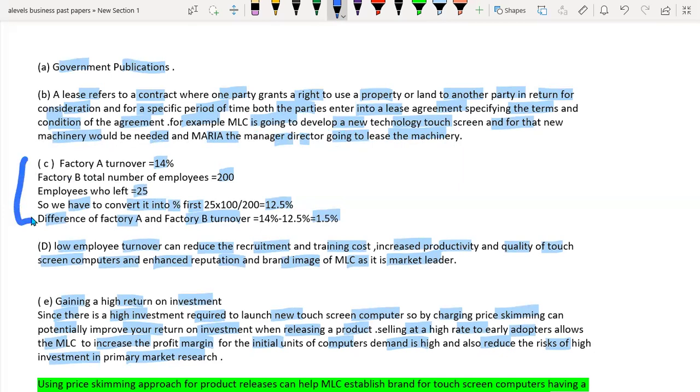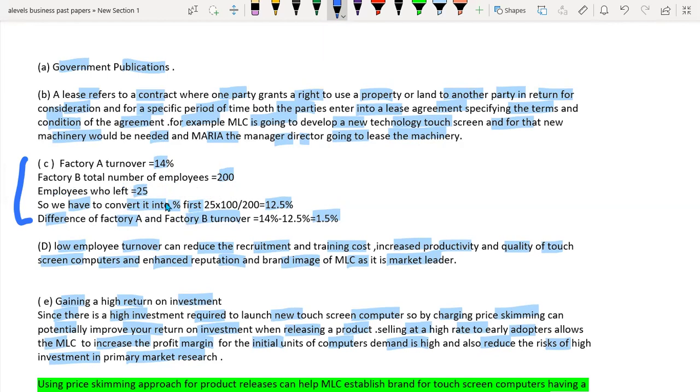And the C part is that we have to find out a difference between the labor turnover of factory A and factory B. So factory A turnover was 14%, but for factory B, we have to convert it into the percentage because the total number of employees who are working in factory B is 200 and employees who left is 25.